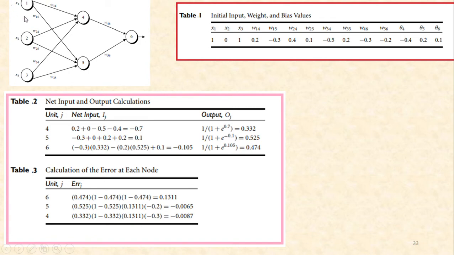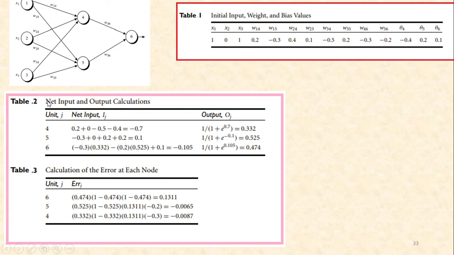Here you can see that this is the architecture given in the question, and this is the table given according to the question. Now we are going to calculate the net input and the output calculations, and table 3 represents the calculation of the error at each node.